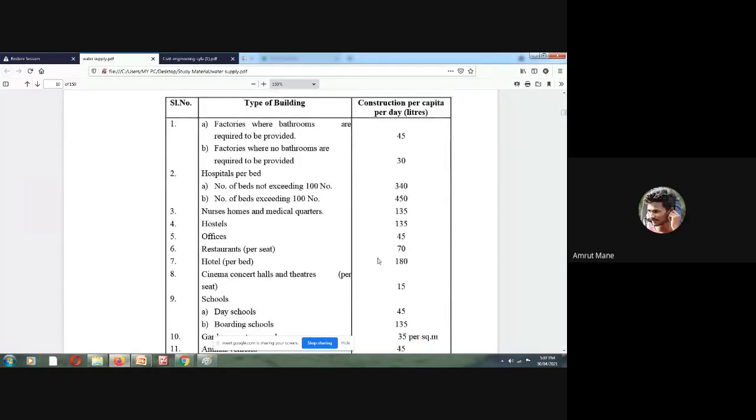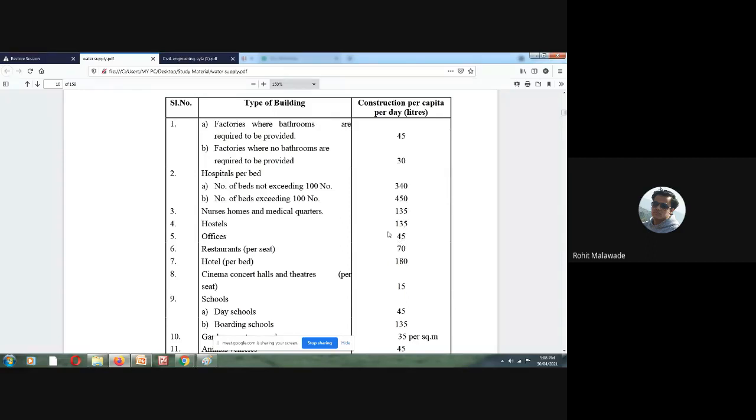Here you can see that in normal houses we require 135 liters, whereas in offices we have a lower requirement.